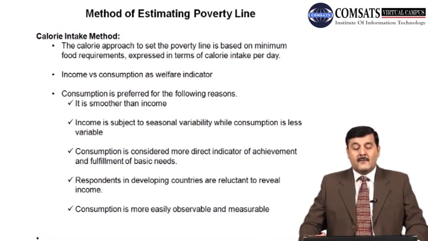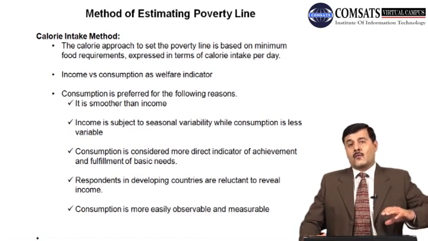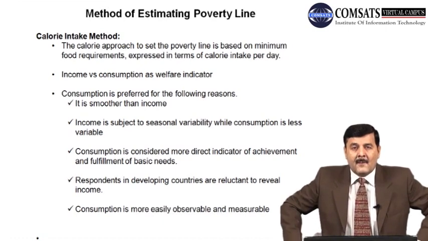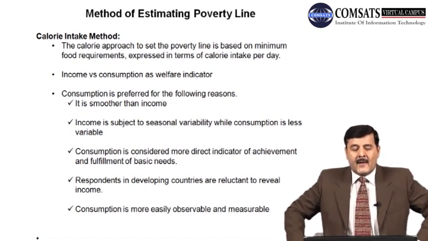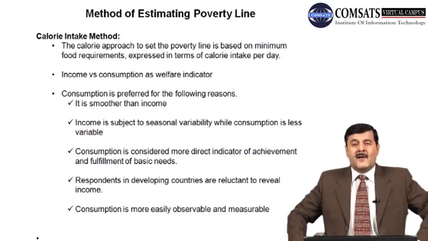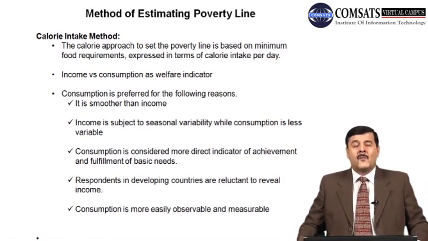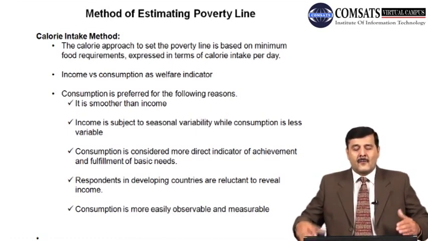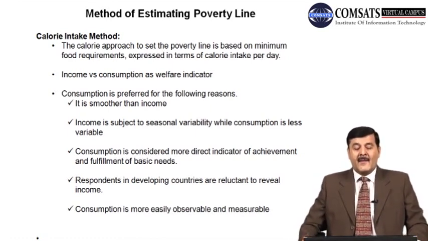So here we talk about income versus consumption as a welfare indicator. When we compare consumption and income for the calories intake method, we prefer consumption. Consumption is preferred for the following reasons: it is smoother than income, it can be measured more smoothly than income. Income is subject to seasonal variability, while consumption is less variable.